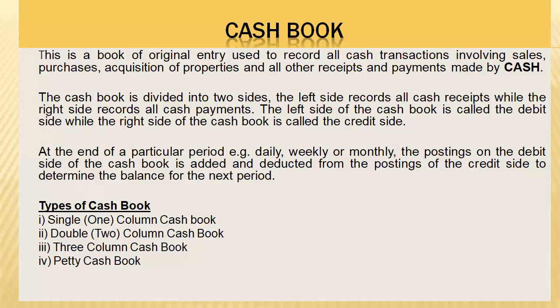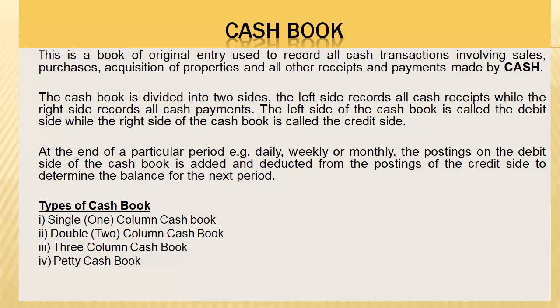Credited. So at the end of the period, we are going to add up all the debit side and add up all the credit side. The difference will be the balance, and the balance will be taken to the next period. So at the end of a weekly, daily, or monthly time, we are going to add up the debit side and the credit side. The difference will be the balance that will be taken to the next period.